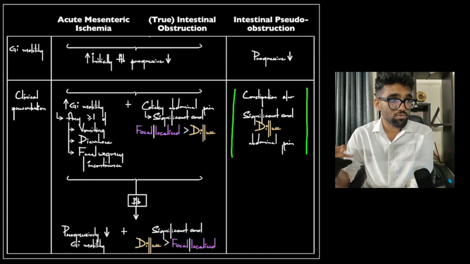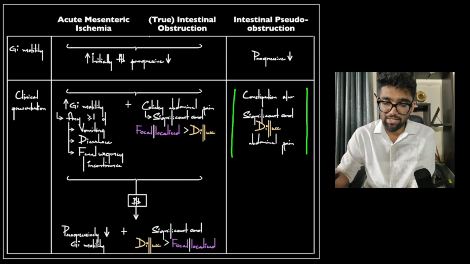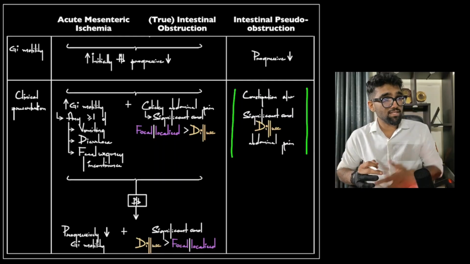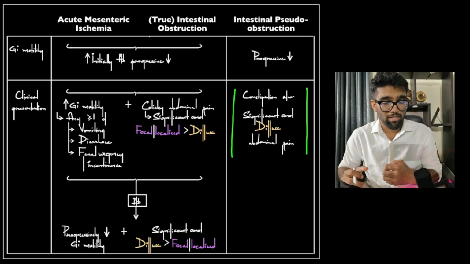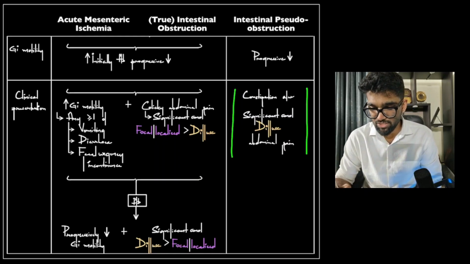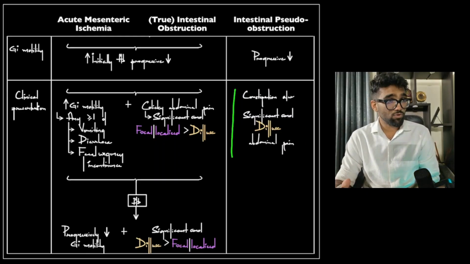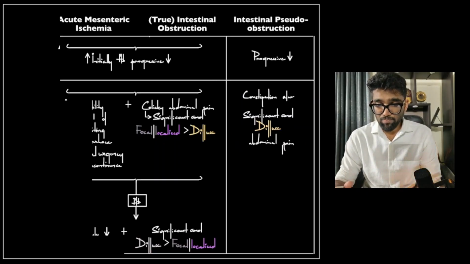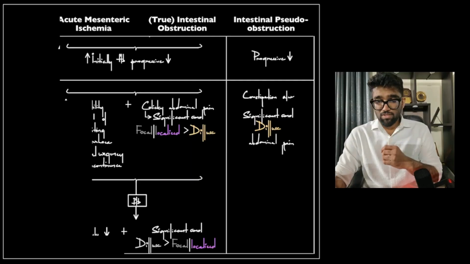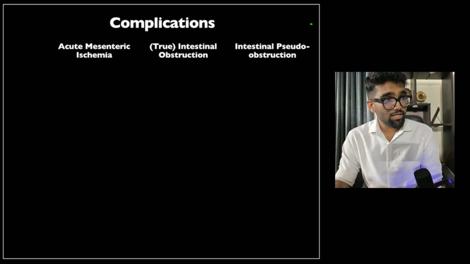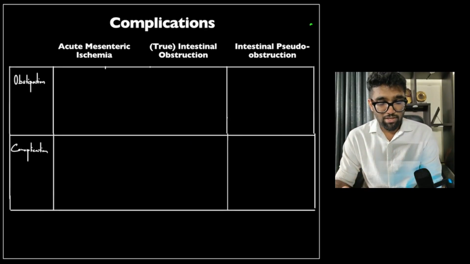So they pass stool less than or equal to once in 3 days, and along with that, there is a significant diffuse abdominal pain, primarily because of gastrointestinal distension and bloating, and that is what the patient presents to us with.